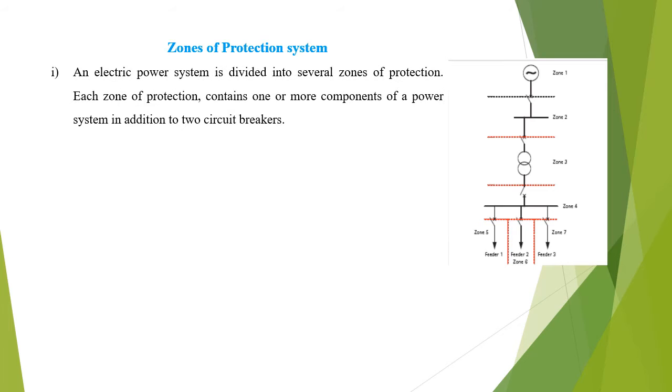Now we can say an electric power system is divided into several protection zones. Each zone of protection contains one or more components of the power system in addition to 2 circuit breakers.